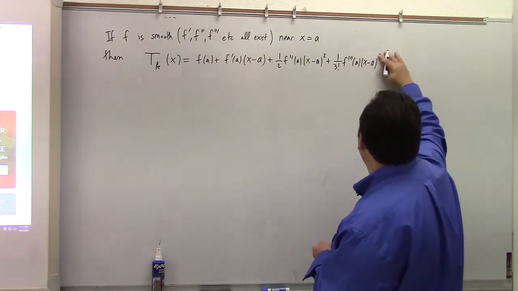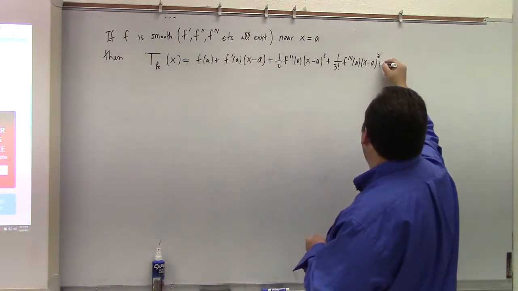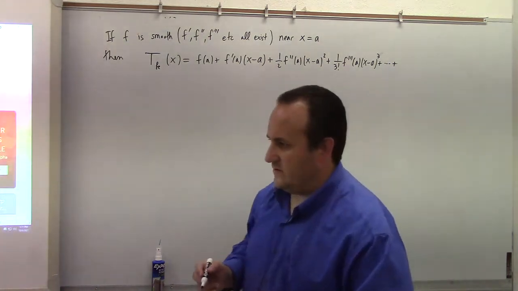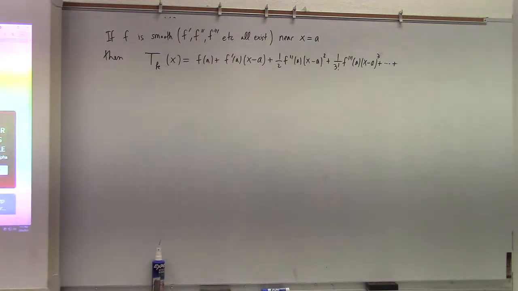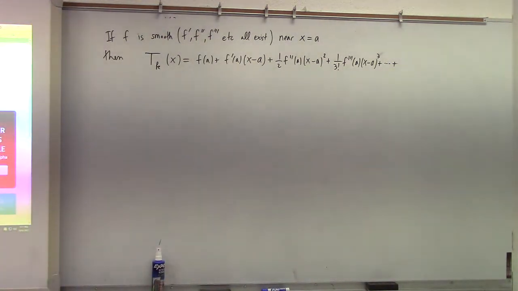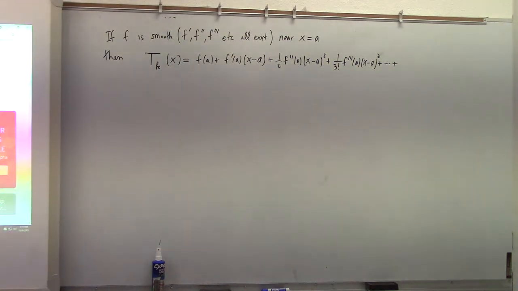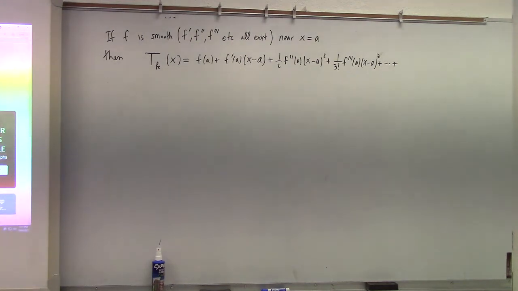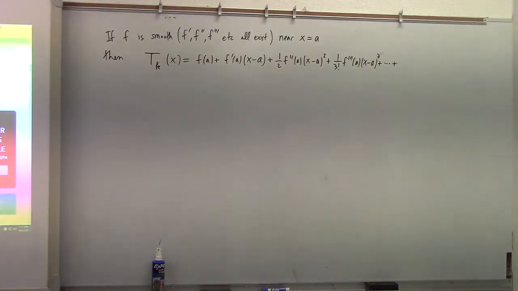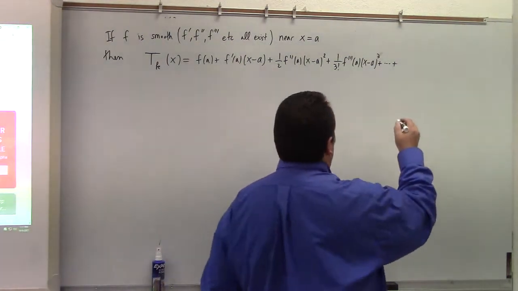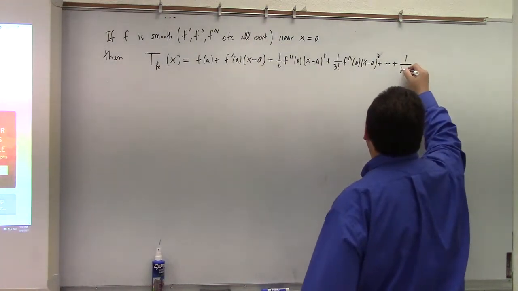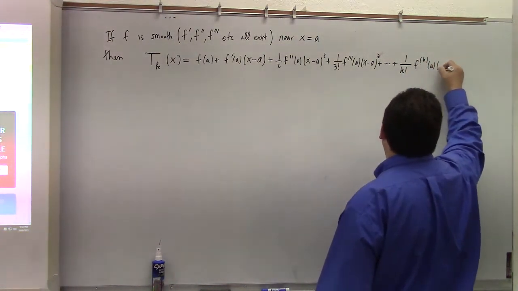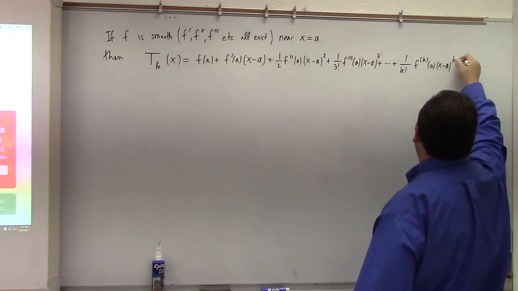And then it keeps going until we get to 1/k factorial, you do the kth derivative evaluated at a times x minus a to the power k.